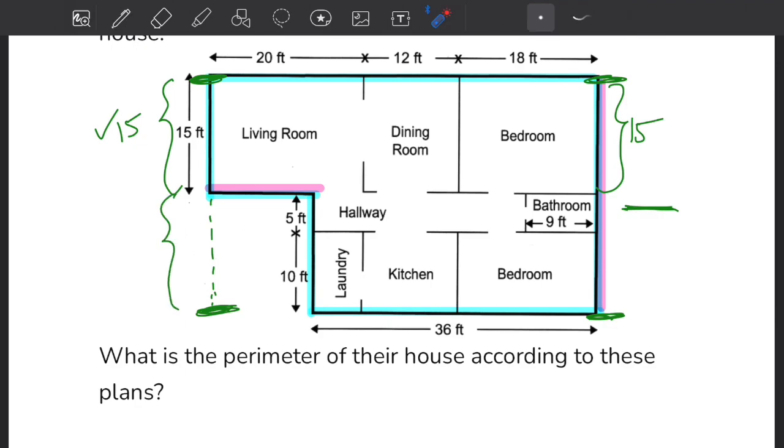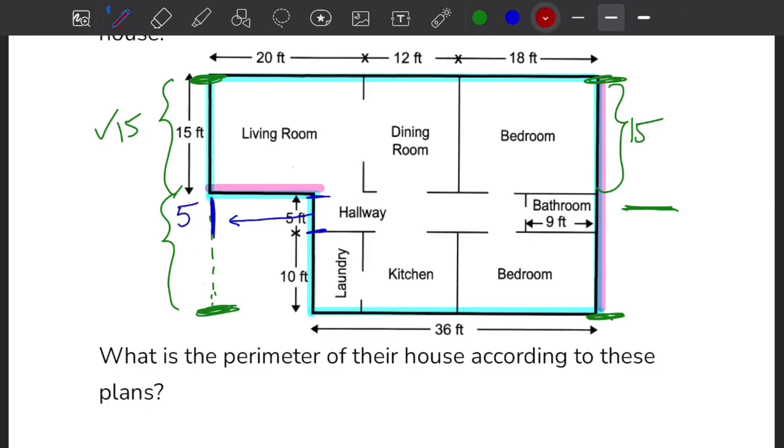Now what's going to clue us in on those numbers are these two measurements, because I can imagine that I'm taking this part of the house and I'm sliding it out like this and putting it here. That's not actually happening, but we're just visualizing so that we can get that measure. So that means this would be 5 feet, right?